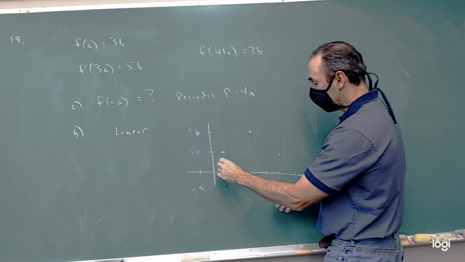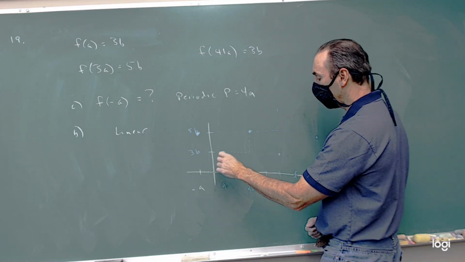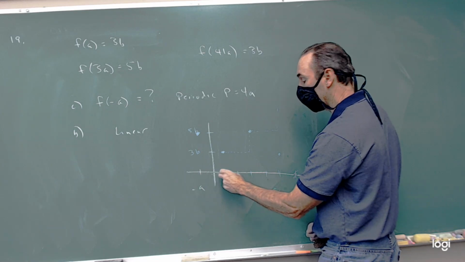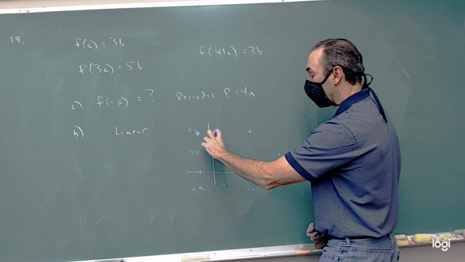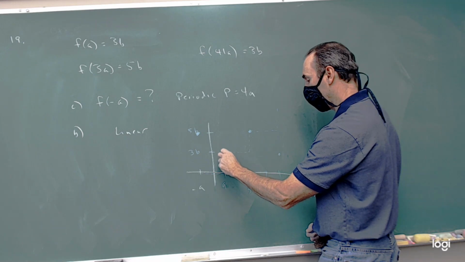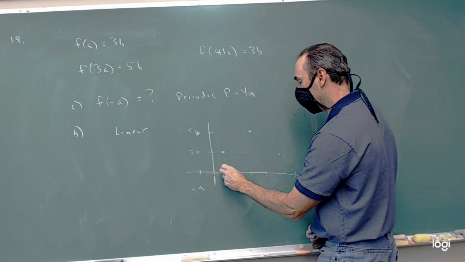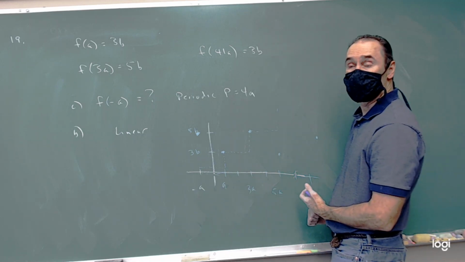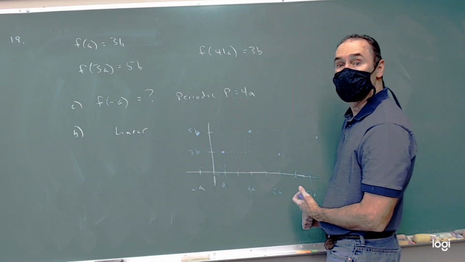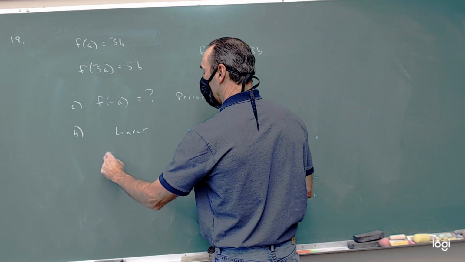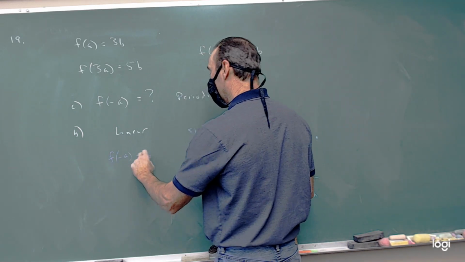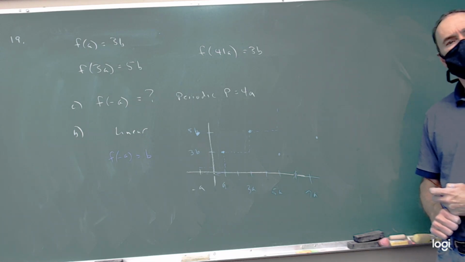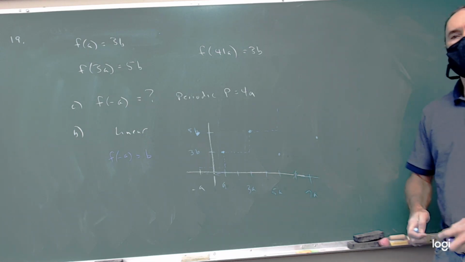So that's going to have to continue this way as well. So if we go over 2a, which is what we're trying to do here, we're going to have to go down to b. And so that's going to put us where? At 1b. So we'll get f of negative a is just b. Does that make sense? So that's the difference between a periodic and a linear answer.